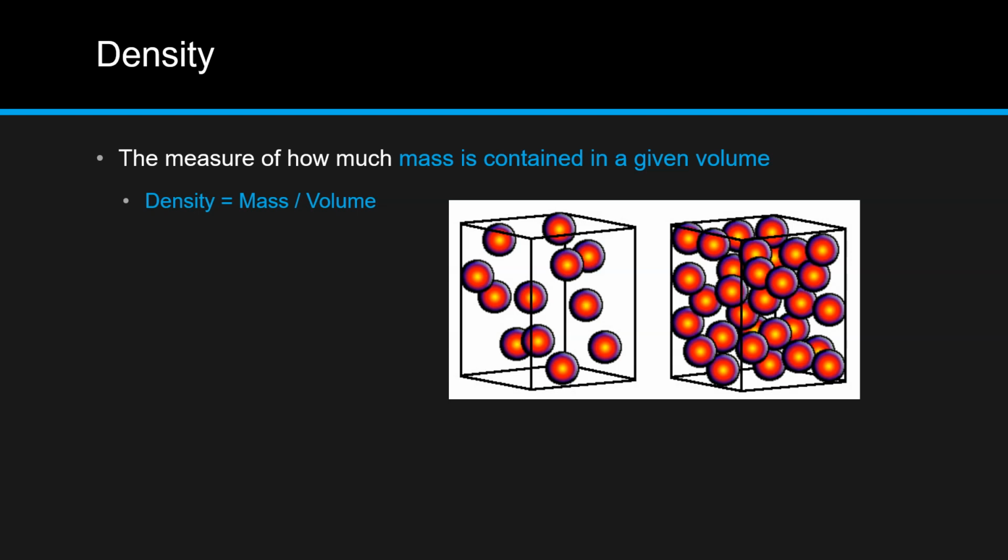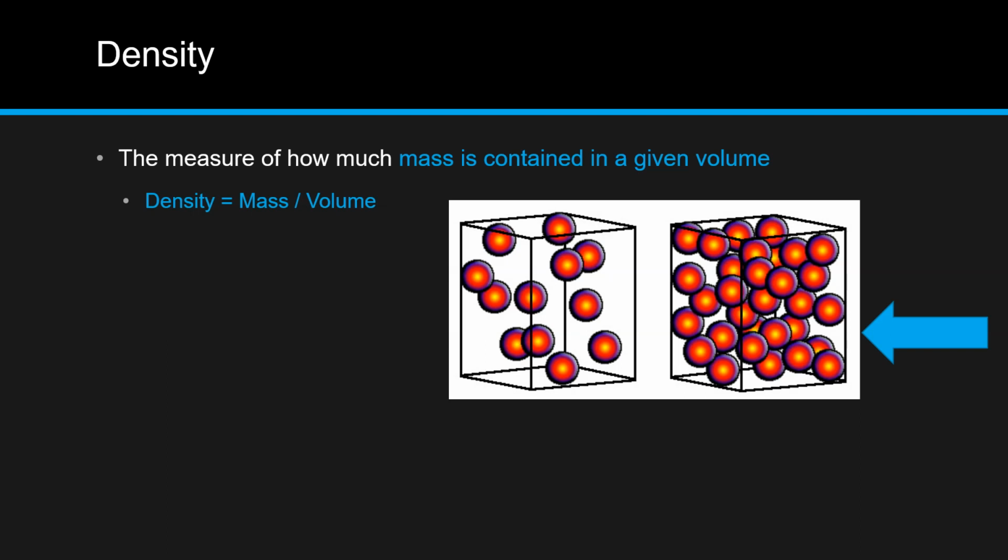Here we have two different substances. You can see that both are taking up the same amount of space, meaning they have the same volume, but the one on the right has a lot more particles inside of it. Which one is going to have more mass? Definitely the one on the right.